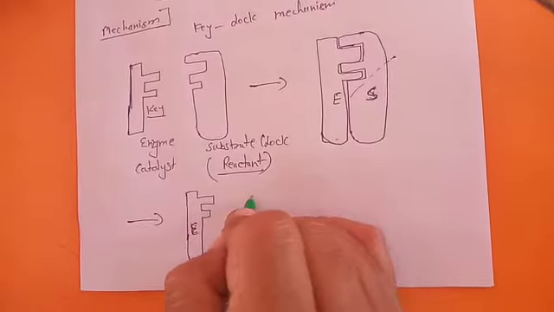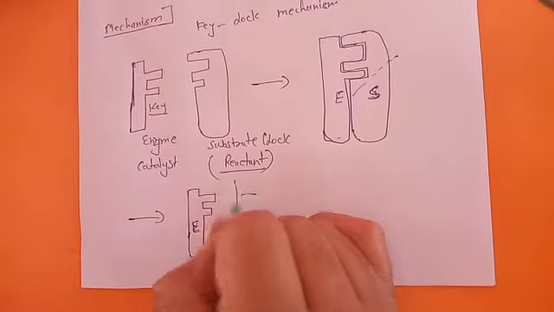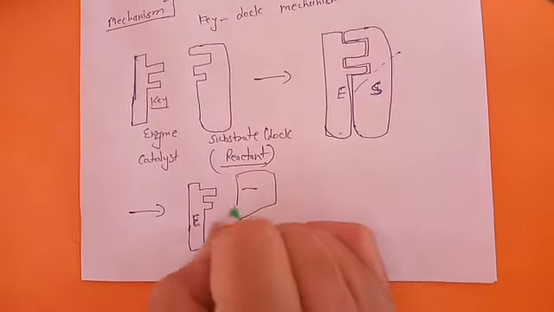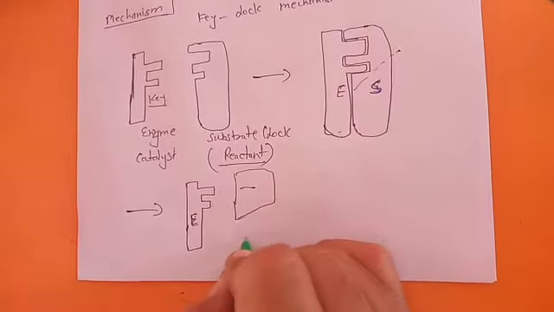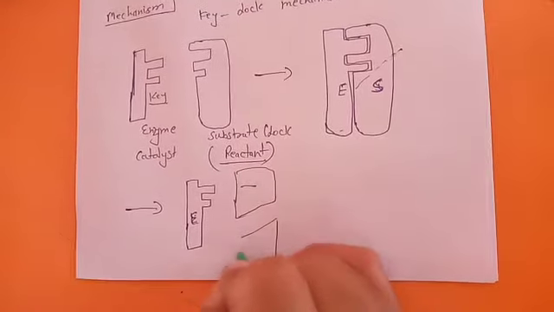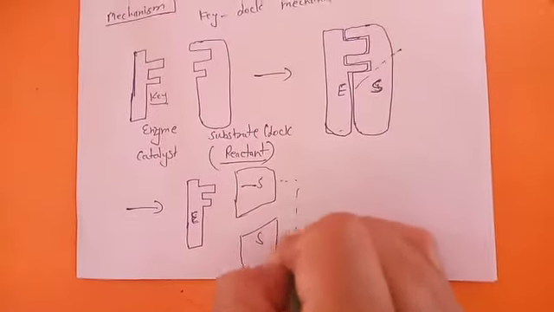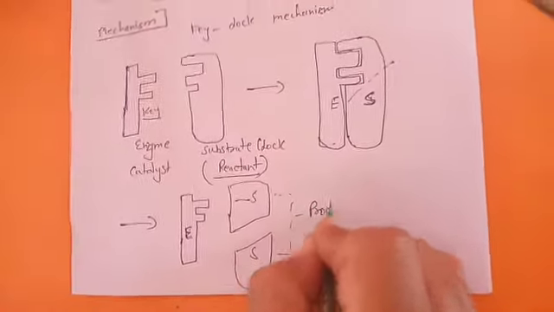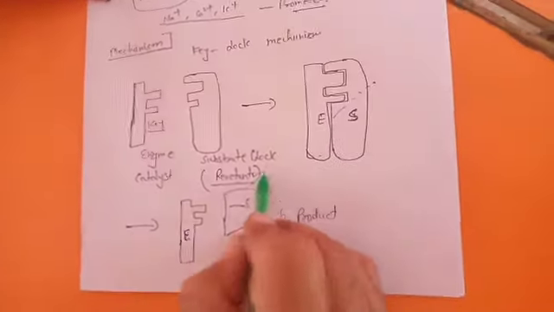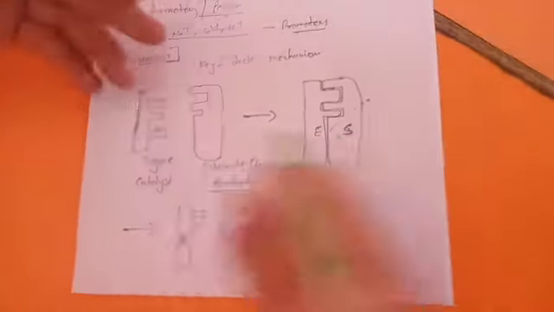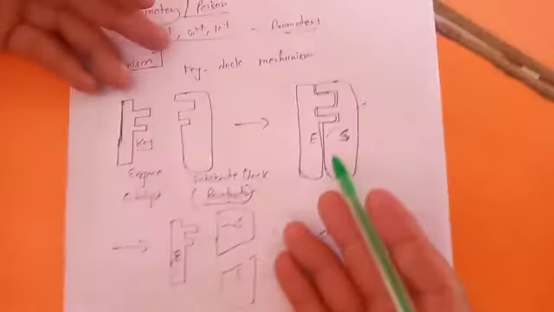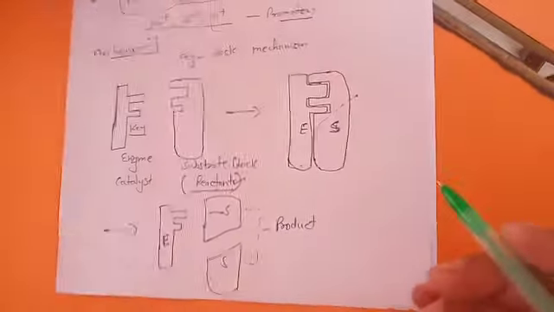The substrate becomes two parts, both are your product. First the substrate is the reactant; after the enzyme works on the substrate, it gets converted into the desired product.